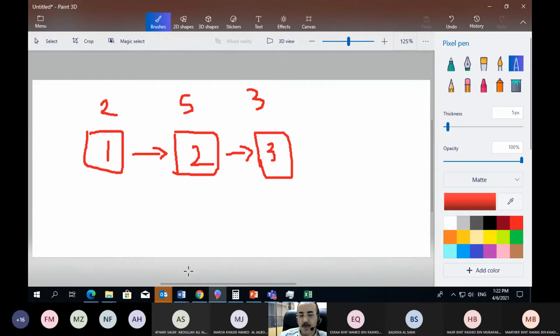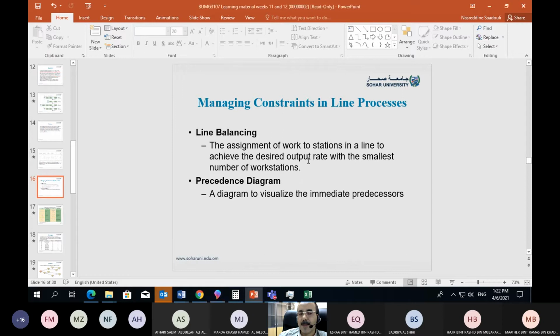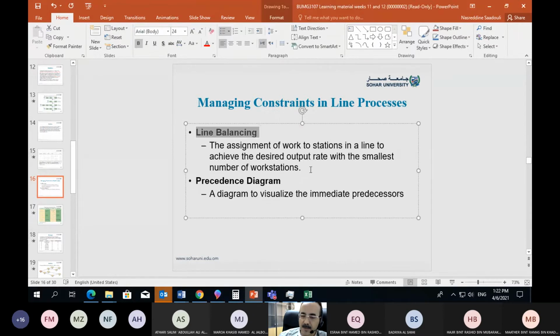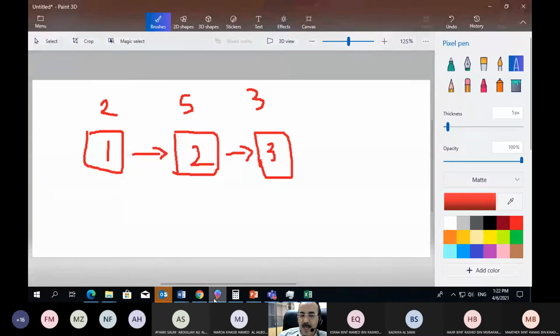So what we do is what we call line balancing. We want to balance the line in the sense that we assign the work to the workstations so that we avoid having a big difference in the processing times.